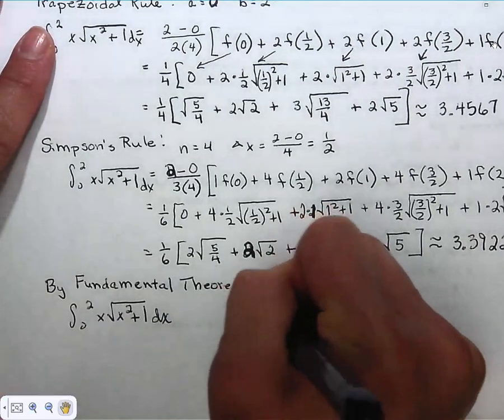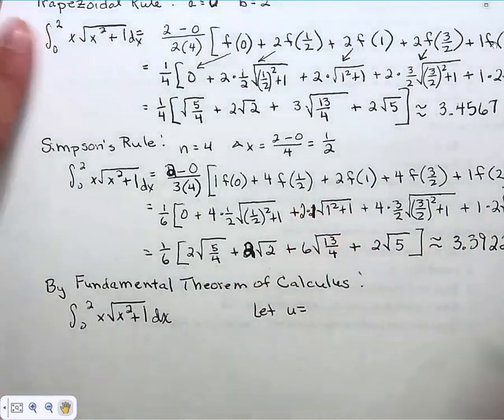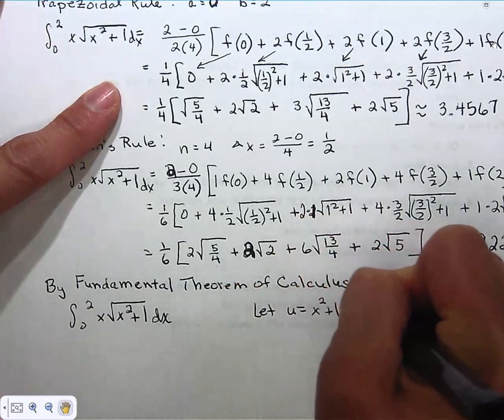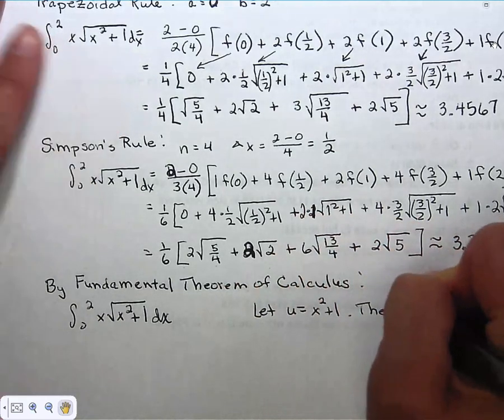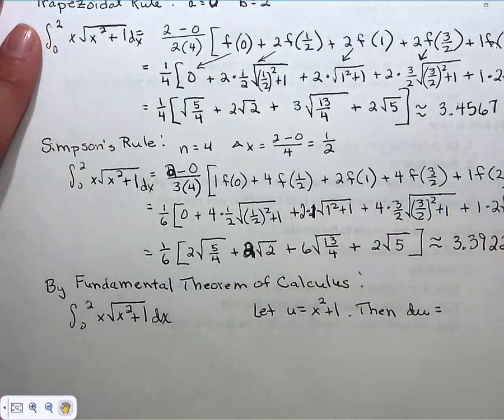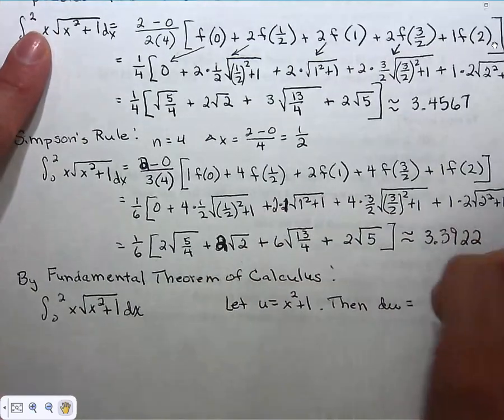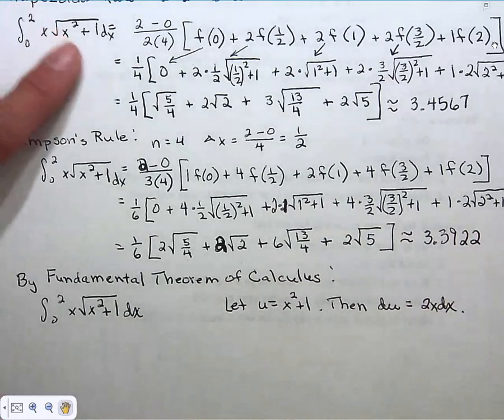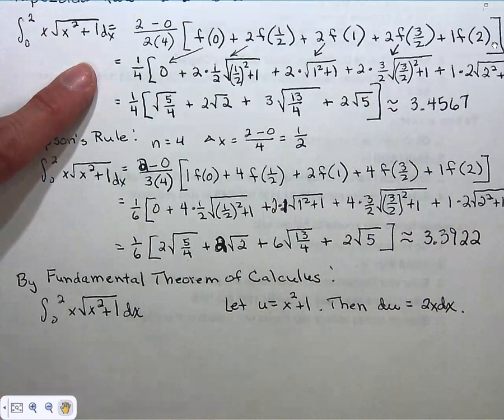I'm going to let U be x squared plus 1. Then du would be what? 2x dx. And, ooh, this is going to be ugly. What can I plug in the place of x?